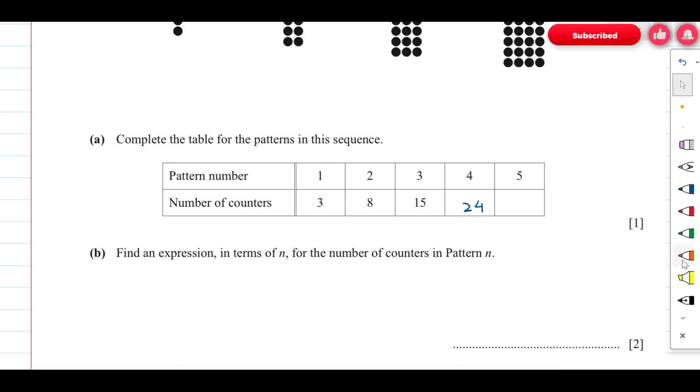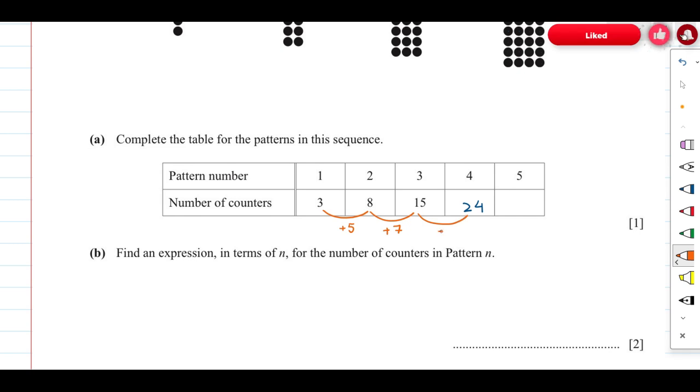Okay, so let me figure out the difference between the terms. 3 and 8: in 3 add 5, you will get 8. Okay, 8 and 15 is 7: in 8 you add 7, you will get 15.